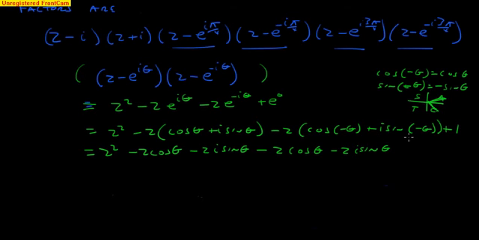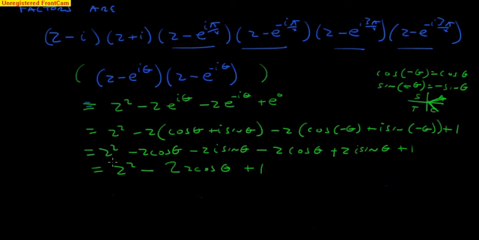So this becomes a negative, and times the minus z gives you the positive there, plus 1. This then simplifies to minus z cos theta minus z cos theta, so minus 2z cos theta. You get minus zi sin theta plus zi sin theta, which cancels itself out, and you get plus 1 on the end.